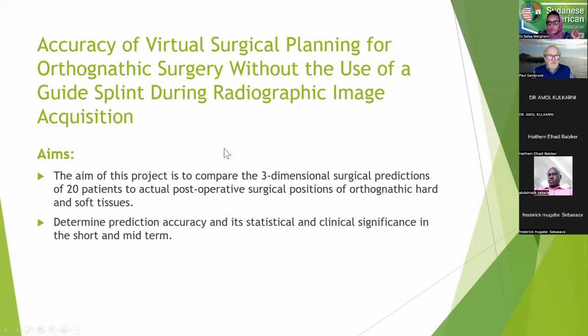So the accuracy of virtual surgical planning was something that we looked at. We did a study here in Adelaide, and we aimed to compare the three-dimensional surgical prediction with the post-operative surgical positions of the orthognathic hard and soft tissues.